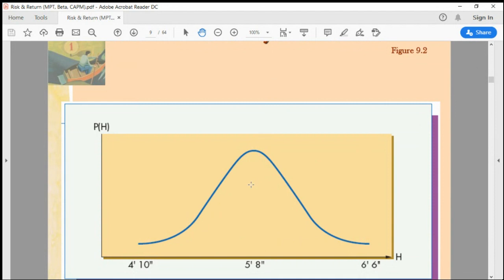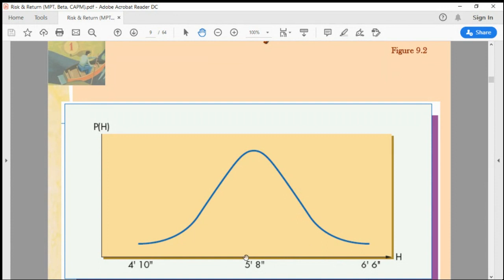Now, 5'8" to 6'6" is about a 10 inch difference, right? 5'8" plus 4 inches is 6 feet, and then 6 more inches. So 10 inches is two standard deviations. So it looks like 5 inches is one standard deviation.